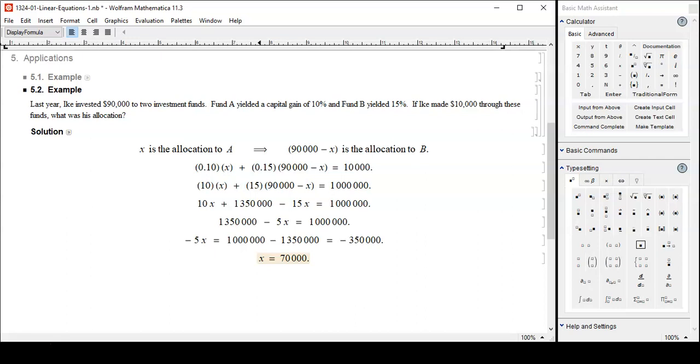35 divided by 5 is 7. And then put the appropriate number of zeros. So 70,000. That's the allocation to Fund A. Now, how about the allocation to Fund B?